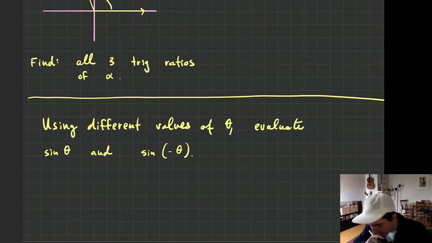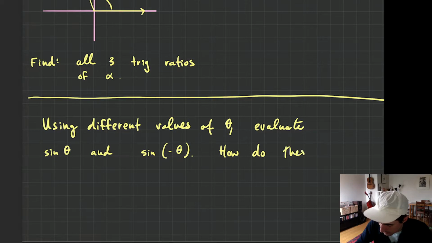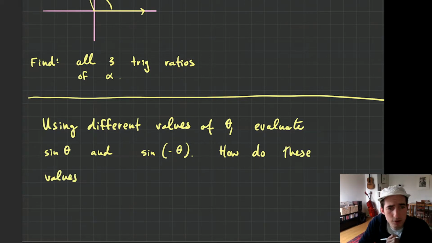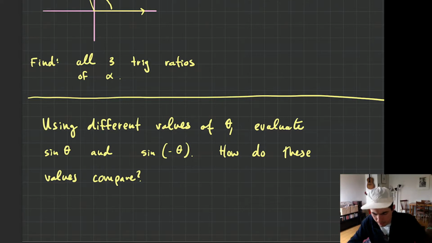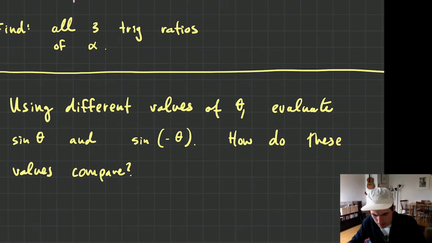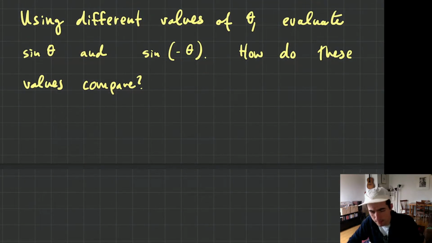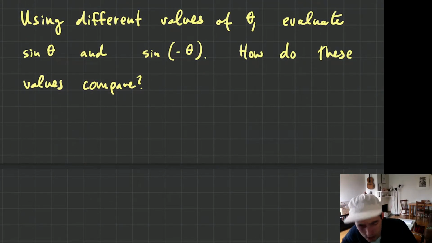I want you to then point out how these values compare. Give yourself a minute to think about this one. You might want to use a scientific calculator that can calculate sine and cosine and all that.